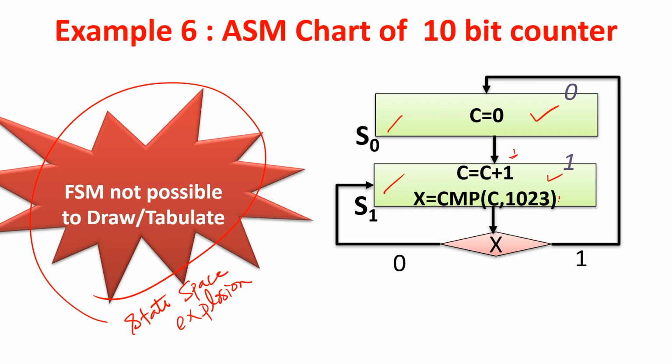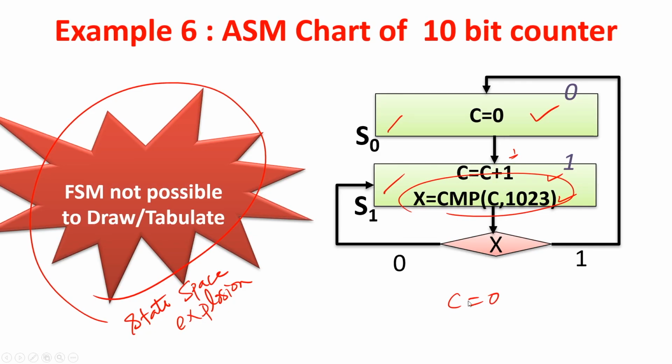If the counter reaches 1023 and if x is equal to 1, then reset c to 0. This is a flow chart with decision boxes. So, we can model the counter using flow charts, and the ASM chart models this 10 bit counter very nicely.